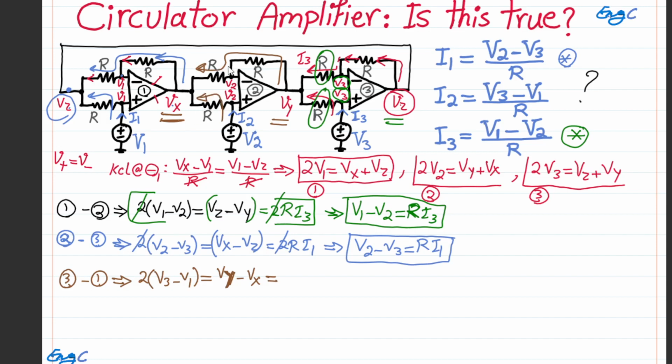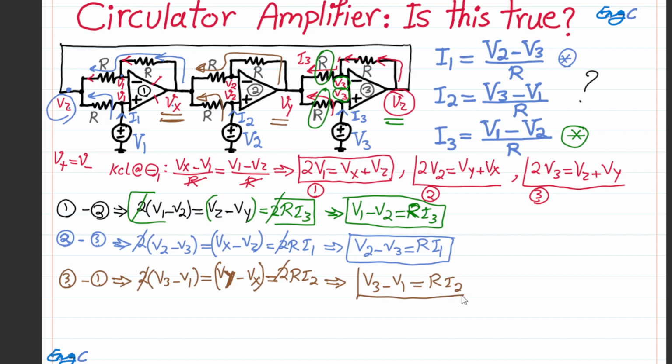So 2R times I2 is Vy minus Vx, which again, 2 cancels out from both sides of this equation. And as a result, what I get is V3 minus V1 is equal to R times I2.